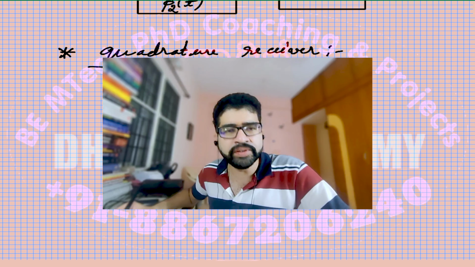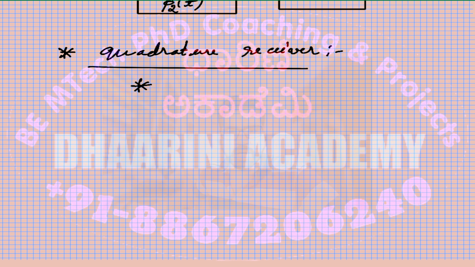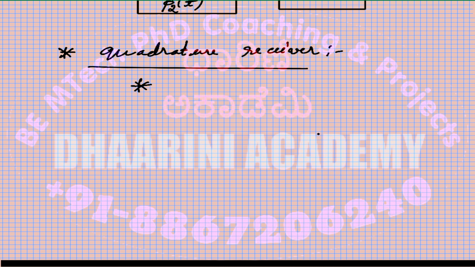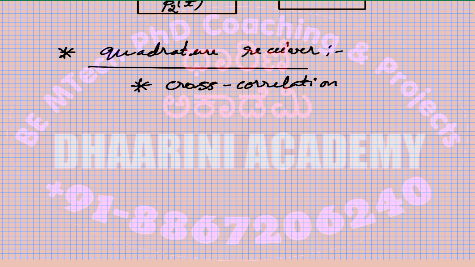Now we'll see the quadrature receiver only for two different symbols. This uses the concept of cross correlation. Using it, we try to decode what exactly has been sent.